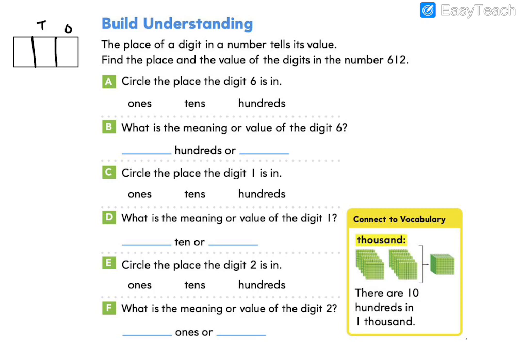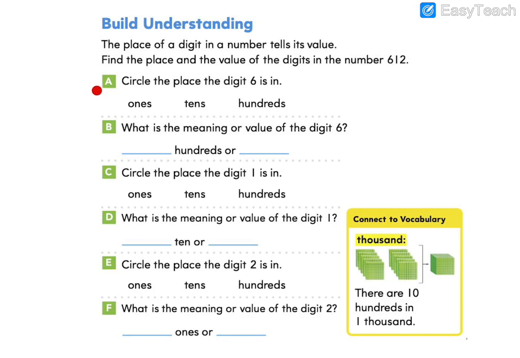Ones, tens, hundreds. What it's saying is the place the digit is in tells us its value, right? This 2 in 123 isn't equal to 2. It's equal to 20 because it's equal to 2 tens. So let's look at that now using this problem.